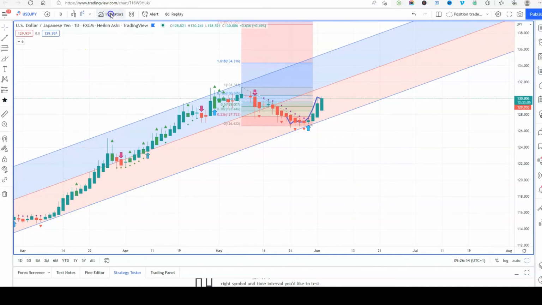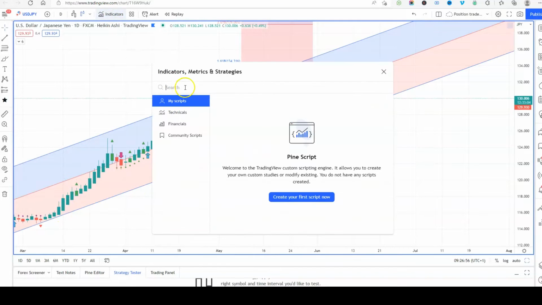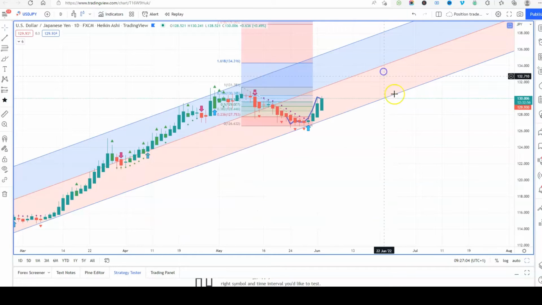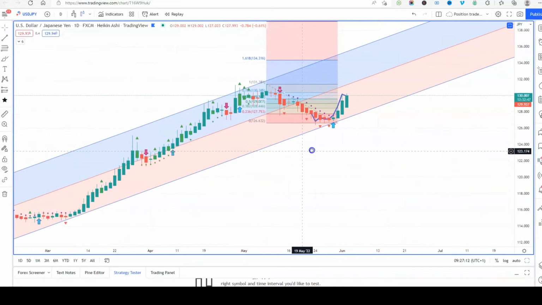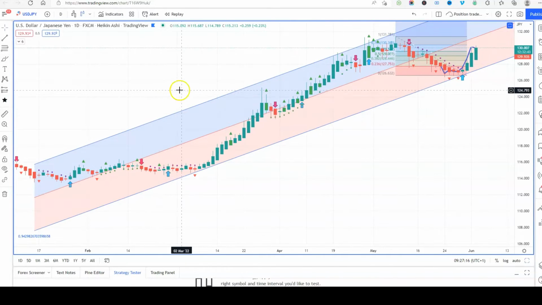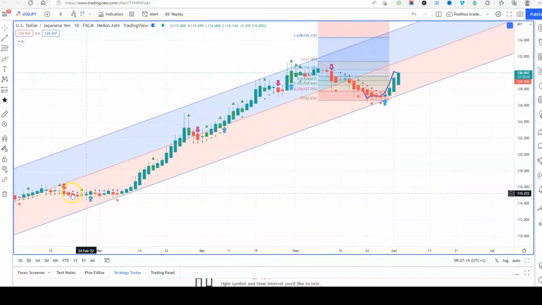Now if you go to indicators and type in linear, you want the linear regression channel, and that will come up here. Now in the first instance, what we're looking for is price to come down to a level of support where it's likely to bounce. And this actual channel will actually tell you where it is going to move.